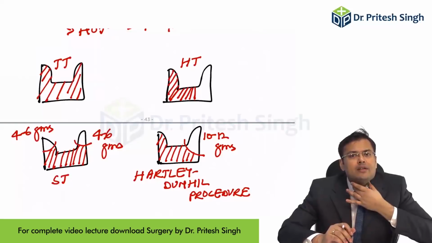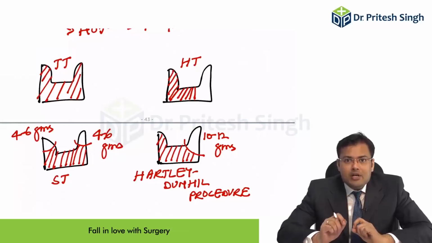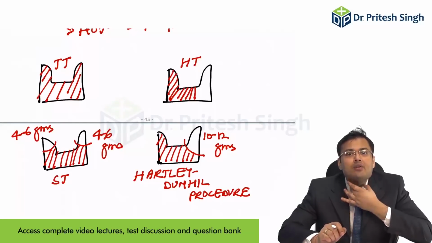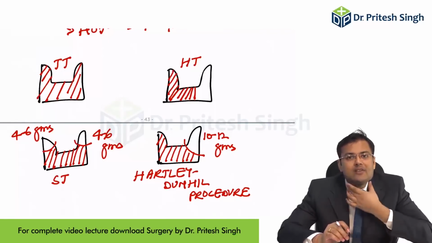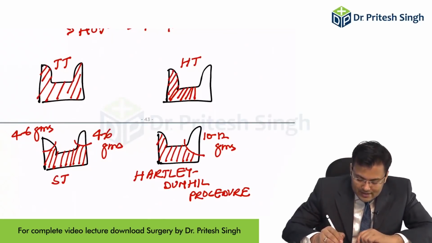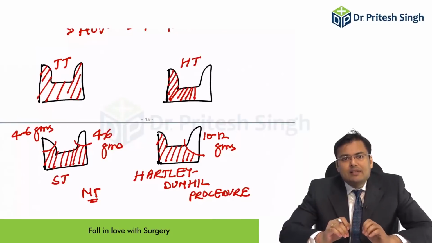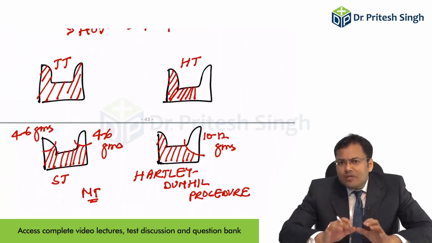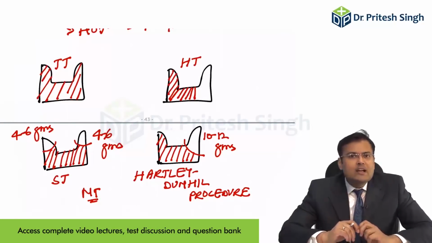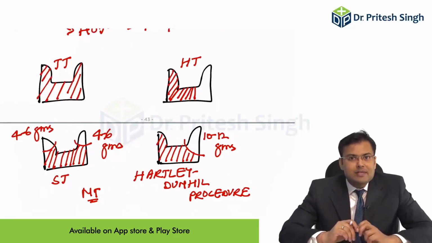And what is near total thyroidectomy? Leaving a small remnant of thyroid tissue in the tracheoesophageal groove, and that is near total thyroidectomy. So these are the types of thyroidectomy. After that, lots of questions are asked about in which particular condition total thyroidectomy is performed, hemithyroidectomy is performed, subtotal thyroidectomy is performed.